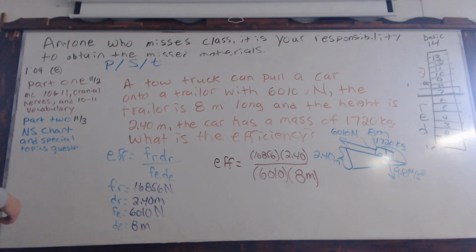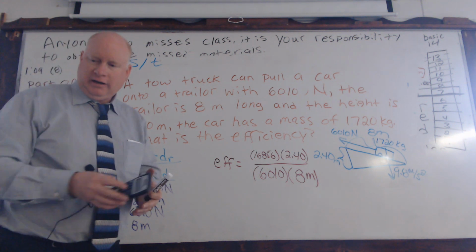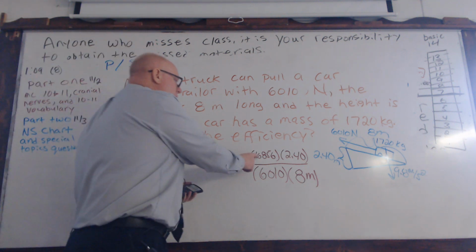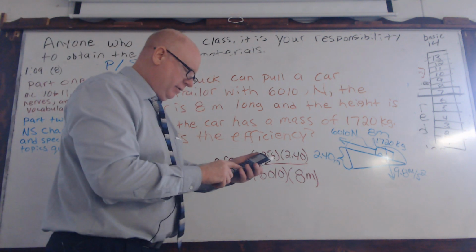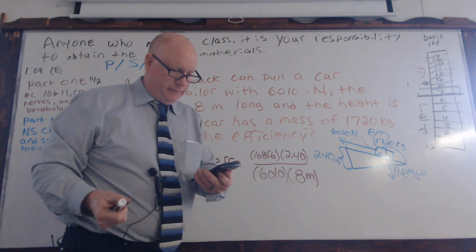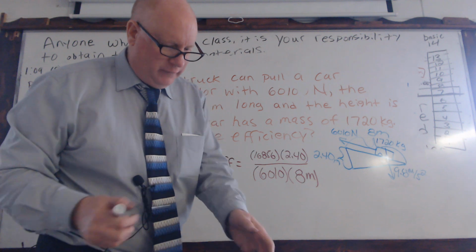So we've got 16,856, and we're going to take that times 2.40, and that's going to give us 40,454.